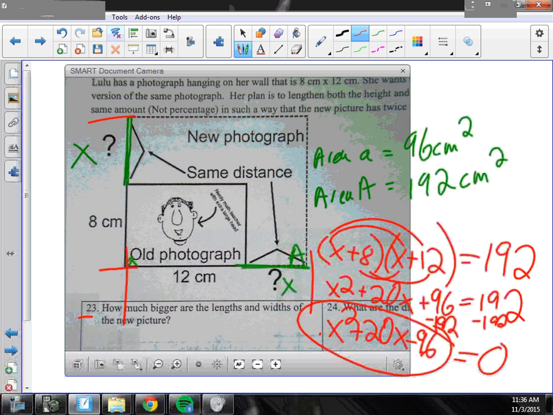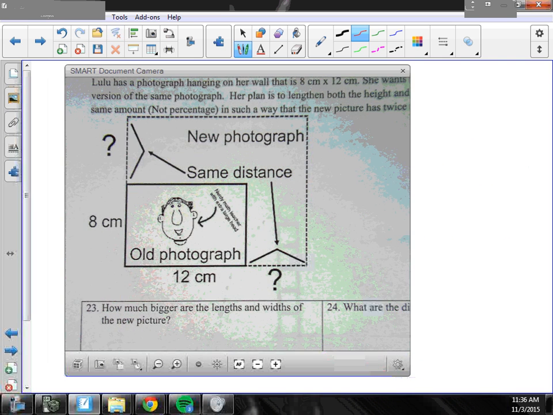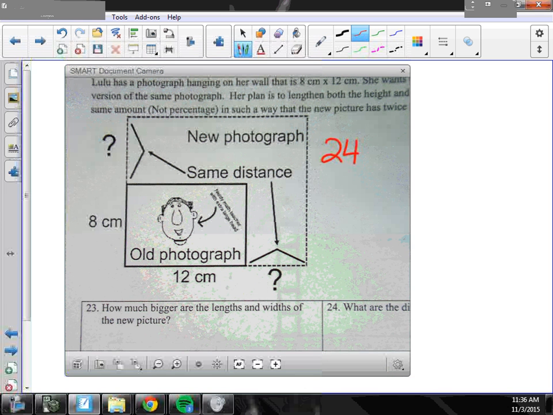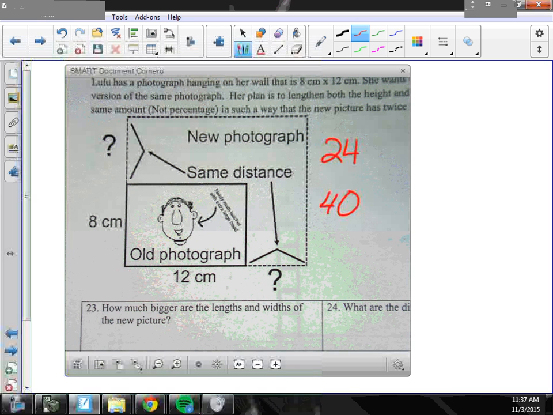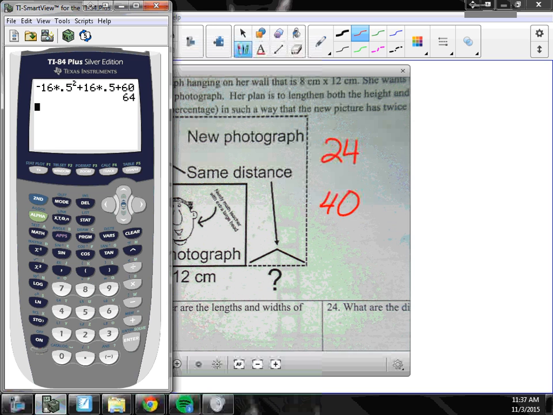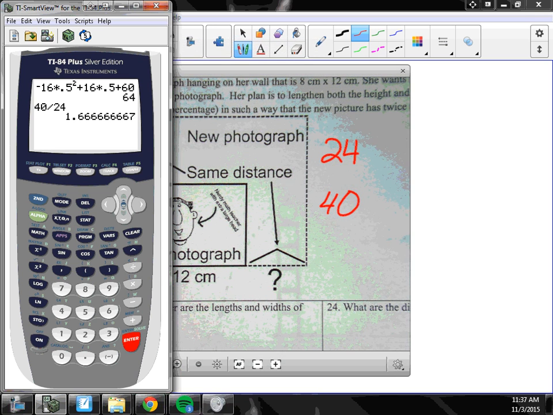28, the area of the picture doubled. How much did the perimeter increase? So if I had, let's say, 24, and I increased that to 40, how do you find the percent of increase? The other way around. So you would want to do 40 divided by 24. How much did that increase?